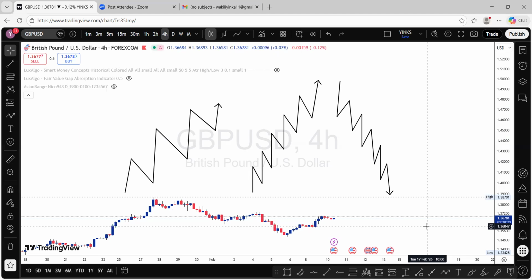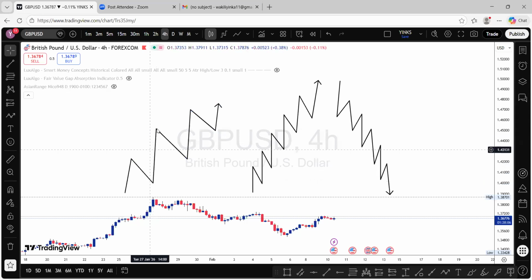Are we following? Yes. Now, when price goes from this point to this point, it is called a swing high, right? Price drops lower again to this point, which gives you what they call a swing low. Price moves higher again to this point, and you get another swing high.